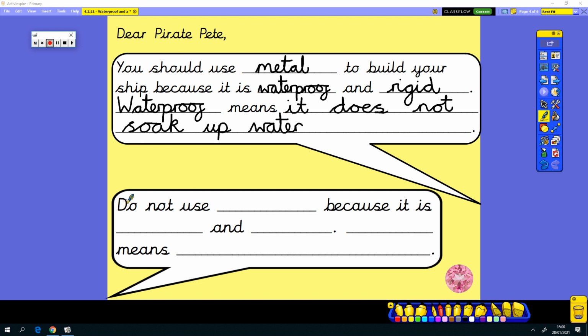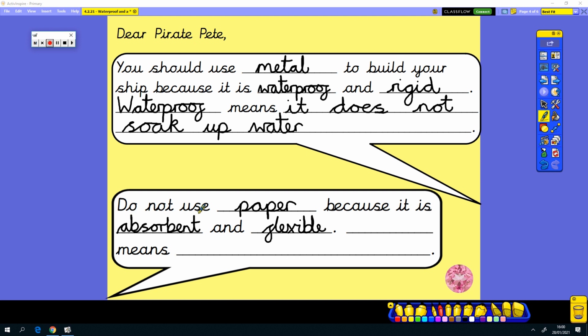Then we need to tell him do not use. So which material should he not use to build his ship? Explain to an adult and tell them why he should not use that material. I've written on the talk frame to help us.